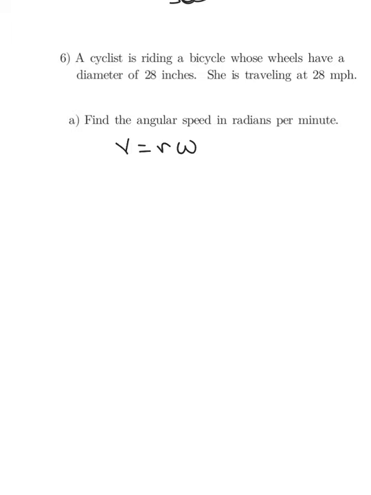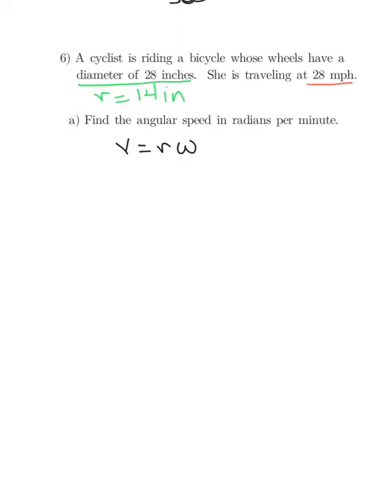The reason that I'm looking at this is because I need to recognize that when I see 28 miles per hour, that is a velocity, that is a speed. So that is our linear speed. So I know V. The other thing I'm told is a diameter of 28 inches. Well, that means that R has to equal 14 inches.